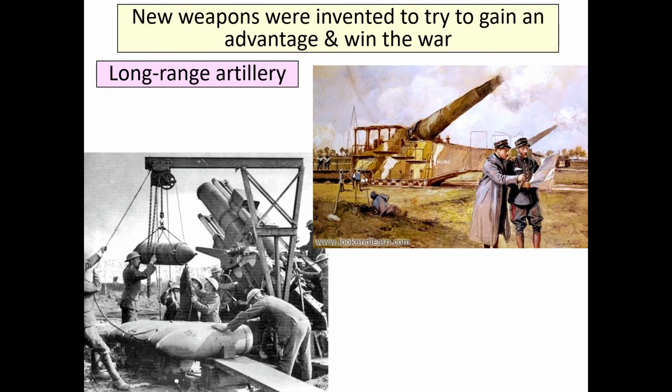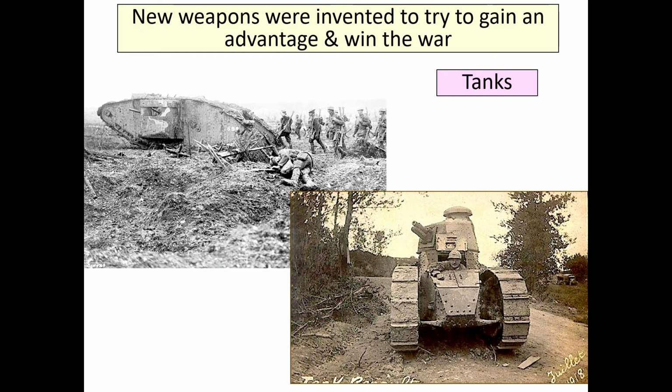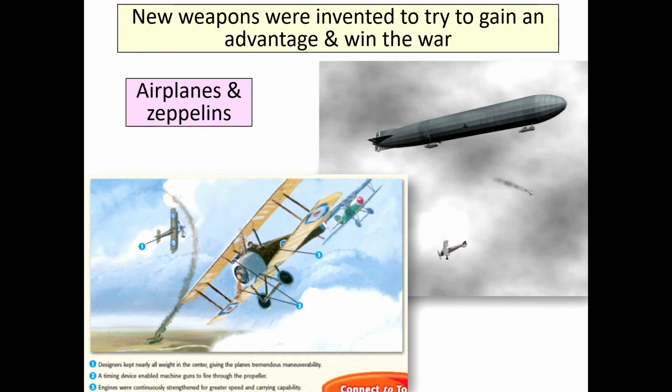They also had long-range artillery as a way to try to overcome the stalemate of trench warfare. Tanks were another way to try to overcome this stalemate, to try to somehow get over the trench and break the lines. Airplanes and zeppelins were another way to break trench warfare, to get over the trench and do the enemy damage.